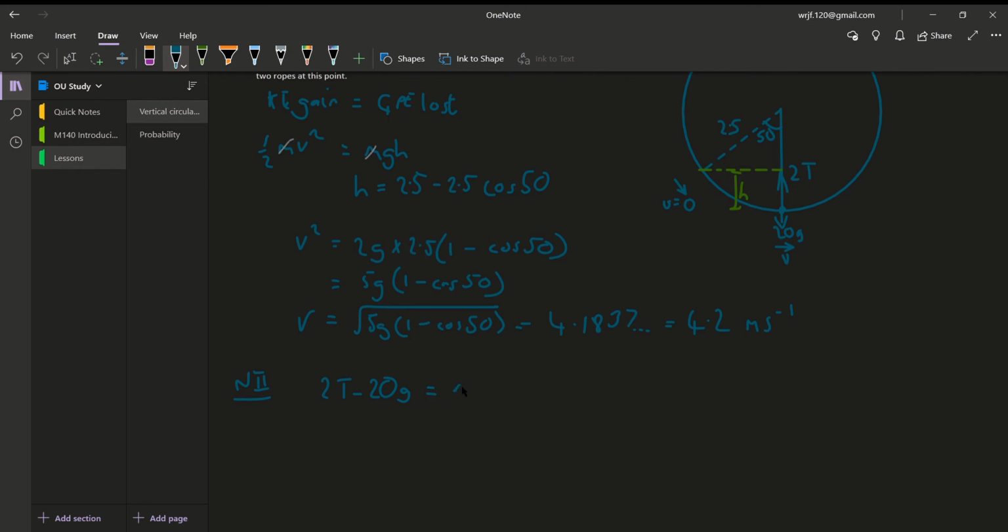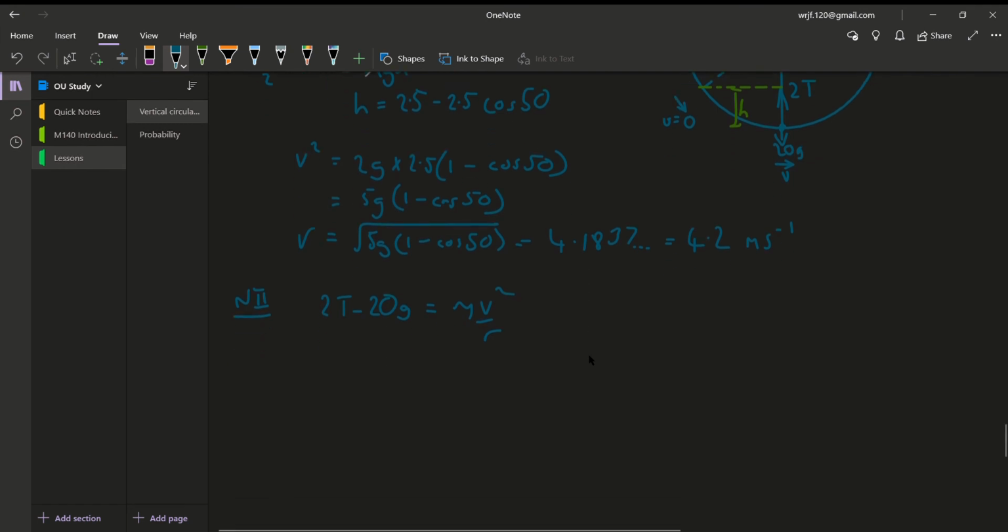Because we're dealing with circular motion here, the radial acceleration is always either v squared over r, or r omega squared if you're using the rotational speed. Here we're using the linear speed v, so we're going to be doing this as mv squared over r. So 2T minus 20g equals mv squared over r.